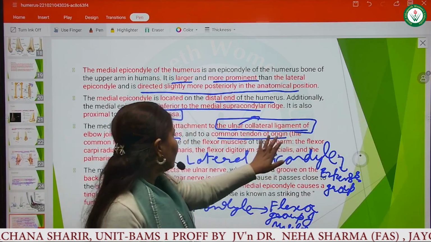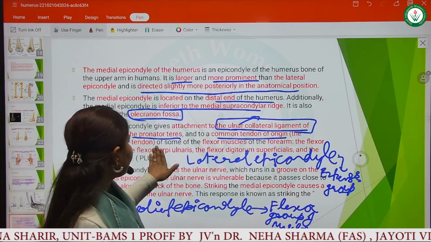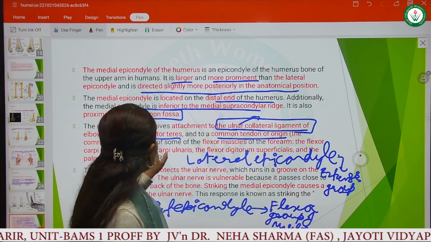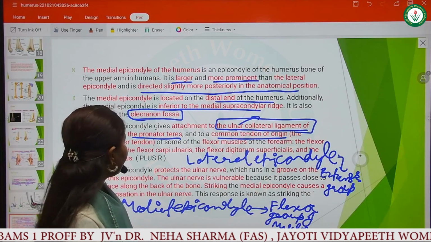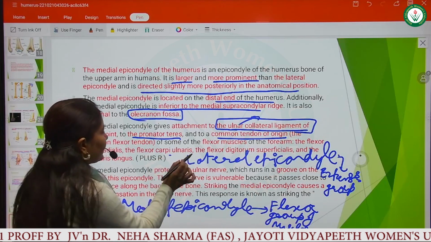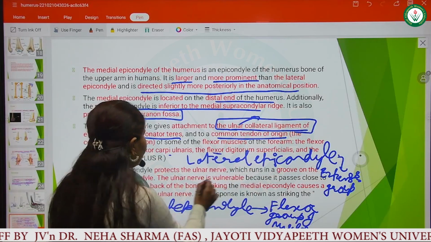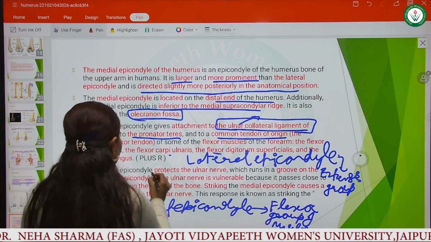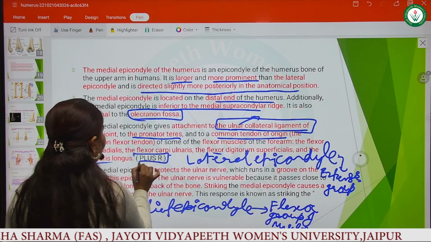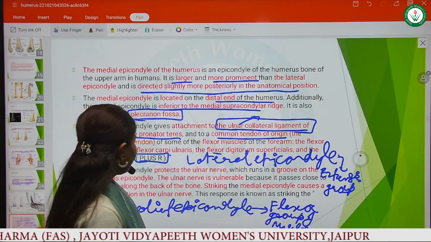In the flexor group, the common flexor tendon is there on the medial epicondyle, and the flexor muscles of the forearm are the flexor carpi radialis, flexor carpi ulnaris, flexor digitorum superficialis, and the palmaris longus muscle. Plus R is the mnemonic for memorizing these muscles.